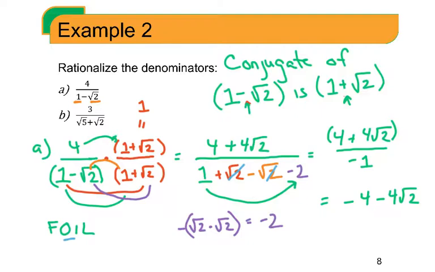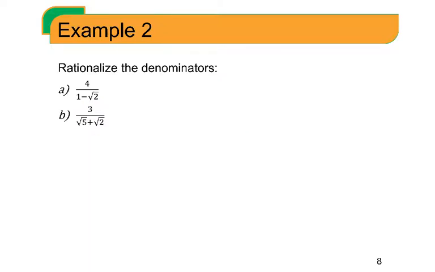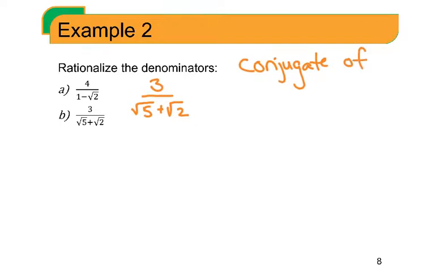So let's do the next one. On the next page, we have 3 over the square root of 5 plus the square root of 2. So what's the conjugate of this denominator? Well, all we do is change the sign in the middle.